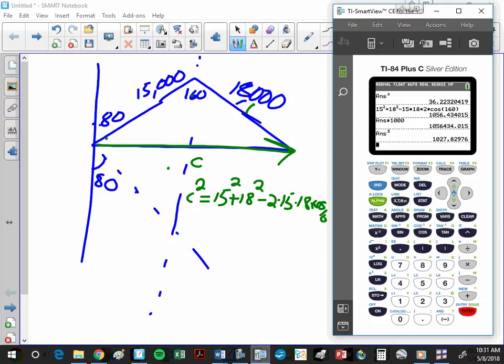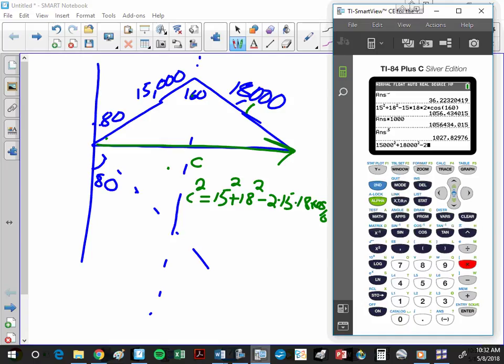Oh, I can't do the shortcut because of the cosine. No, that should still work. No. 15, yeah, my shortcut didn't work. Plus 18. Yeah, I took off the zeros, it won't work because I'm squaring.